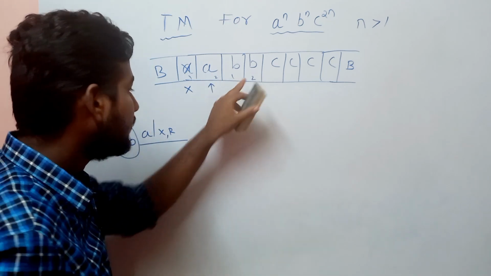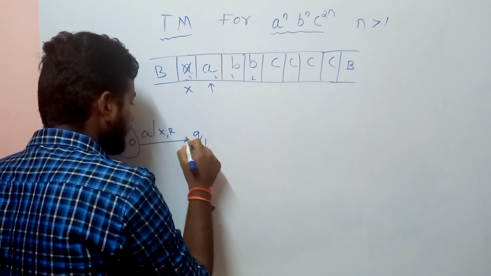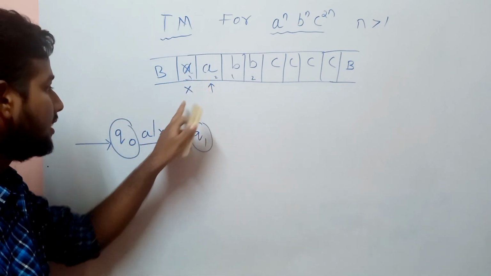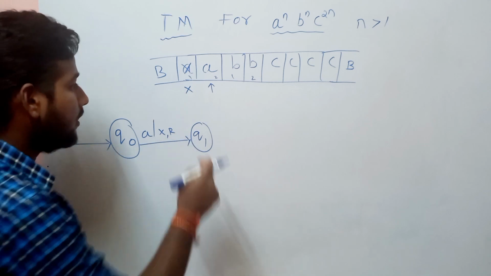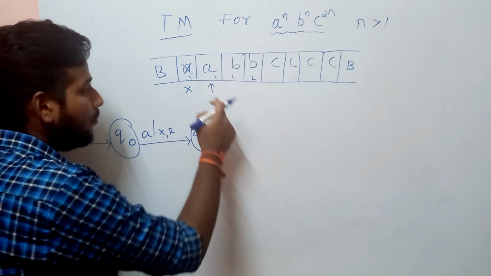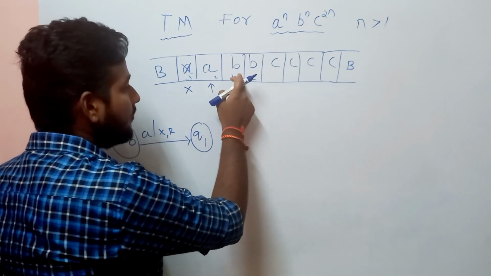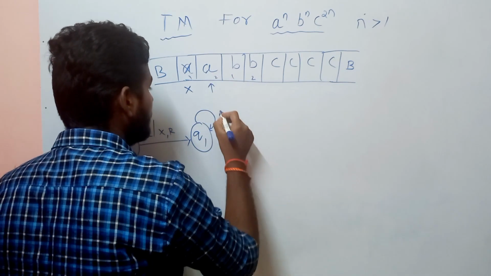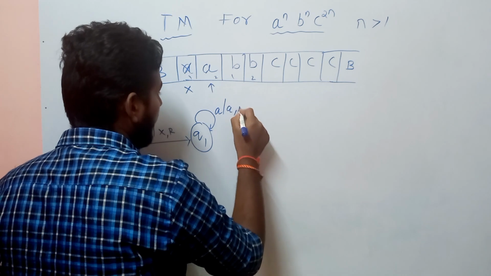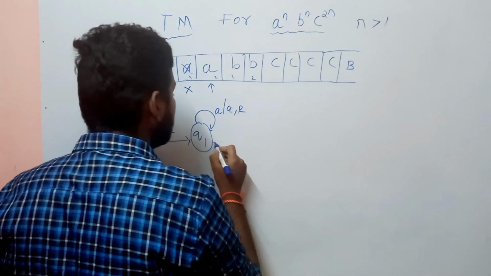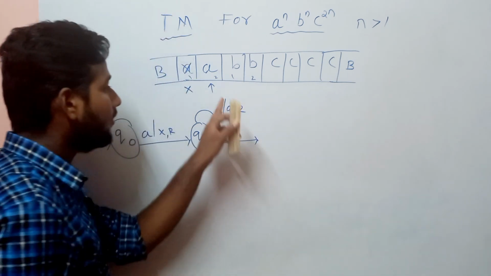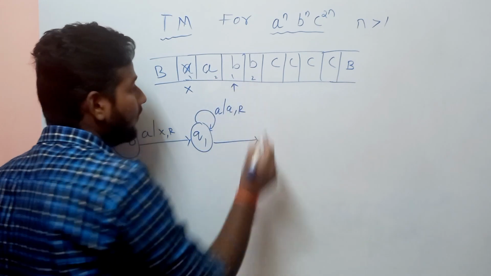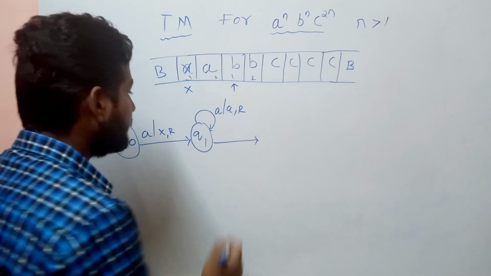Now we will search for the first B. The state changes from Q0 to Q1 when we make this A as X. For searching the first B, we ignore the second A by simply putting a self loop A as A with direction right. Whenever we ignore this, the pointer moves to the right, then it finds the first B value.